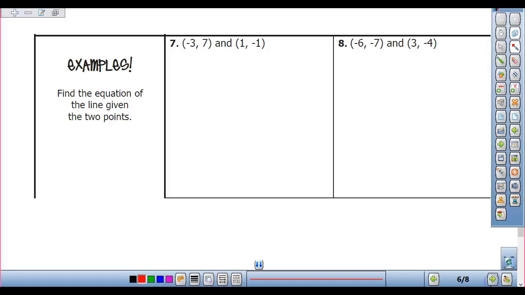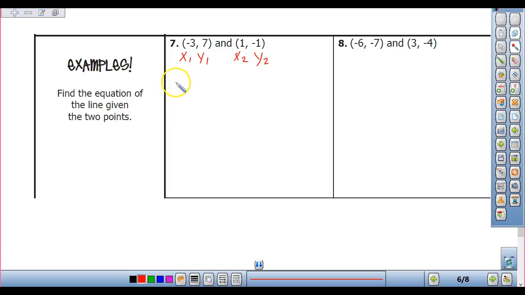All right, let's use this as an example. First thing I have to find is my slope. So I'm going to label my points: x1, y1, x2, y2. Now let's find our slope.